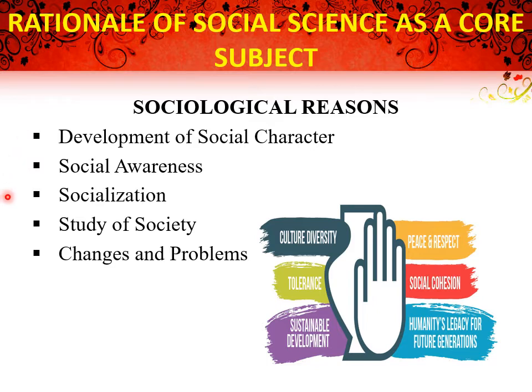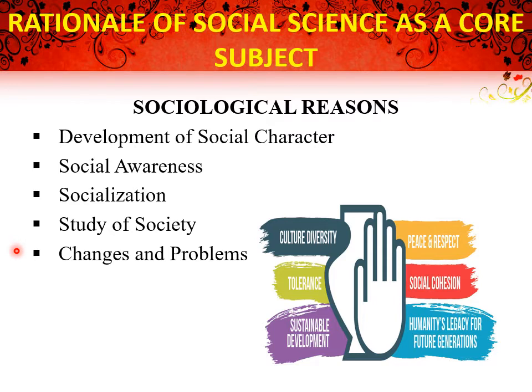Third aim is to bring about socialization. Socialization through social studies promises to contribute much to education. Fourth aim is study of society. A study of society relating to its achievements in the past and their effect in the present, as well as its evolution, constitutes important content of social sciences.